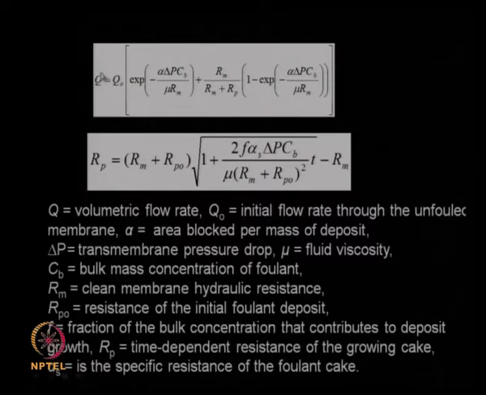So here you have Q equal to the volumetric flow rate, Q naught is the initial volumetric flow rate of the unfouled membrane. There are exponential terms coming here, okay.